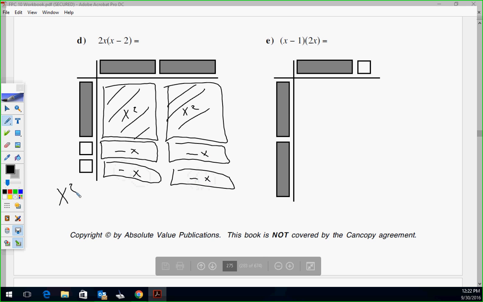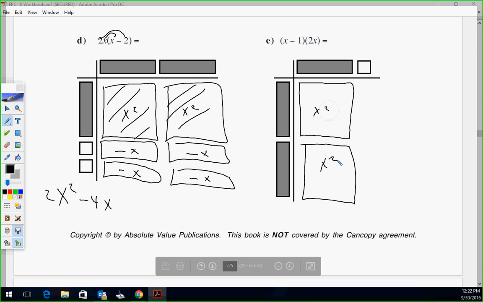So I get x squared, 2 of them, minus 4x. 2x times x, 2x squared, 2x times negative 2, negative 4x. All right. Getting the idea there. So this one's going to be 2x squared minus 2x. This is a negative x. It's a negative x.